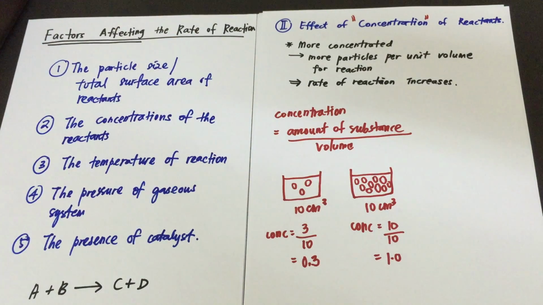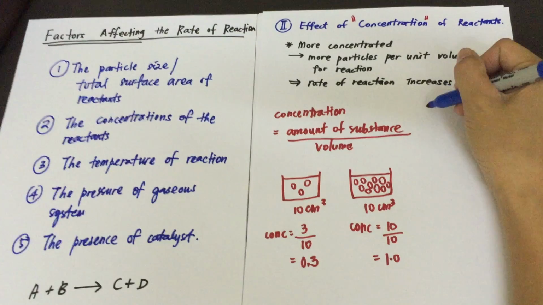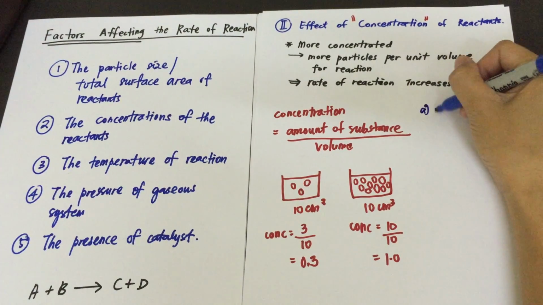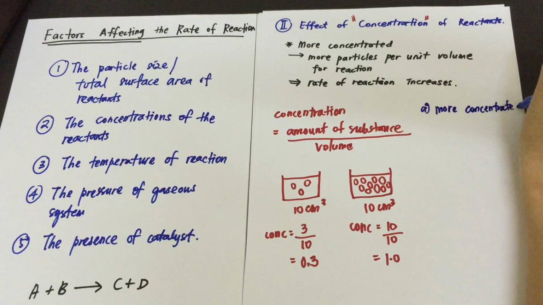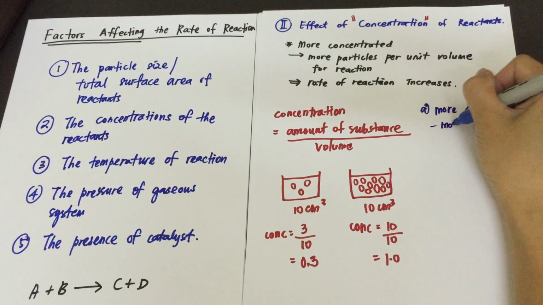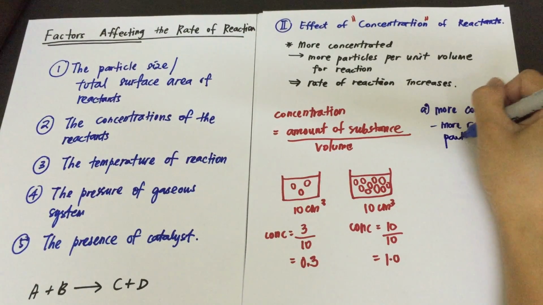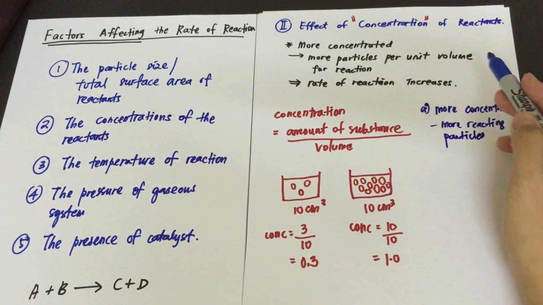Why is it so? If we explain the effect of concentration in terms of collision theory, we first start with a more concentrated solution. The first point: a more concentrated solution means more reacting particles in the reaction per unit volume.